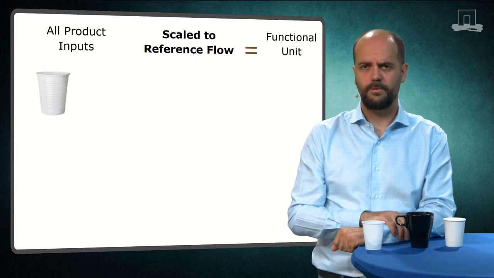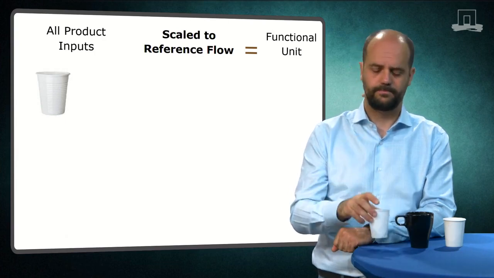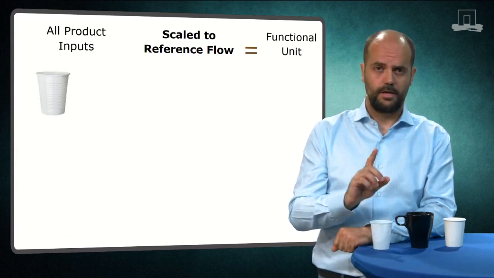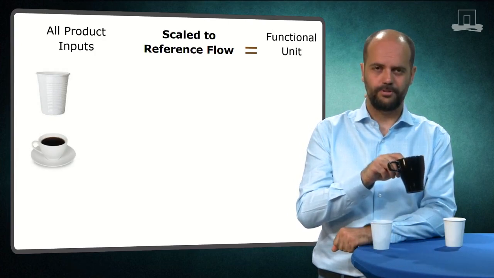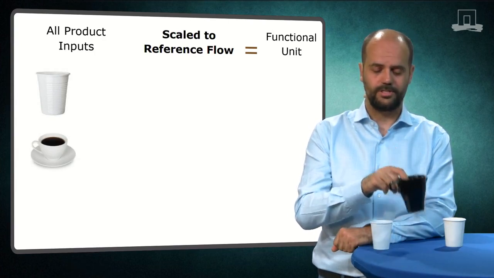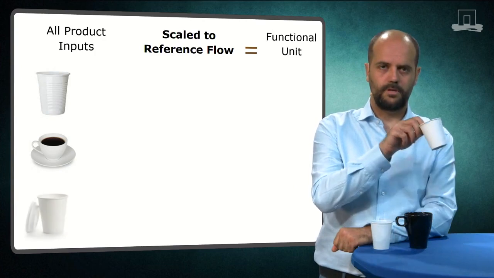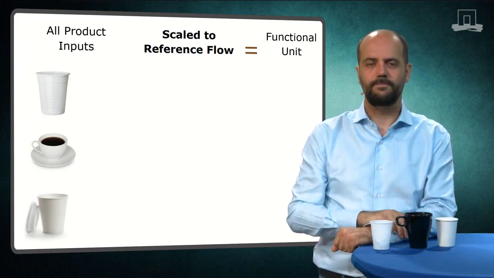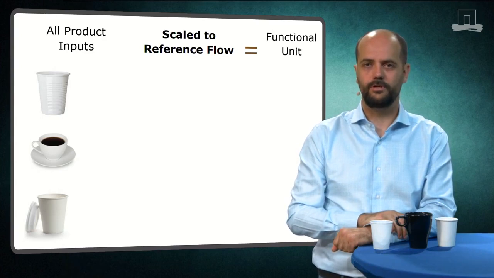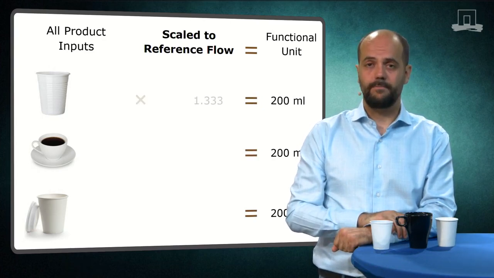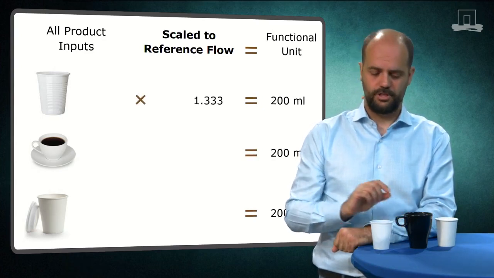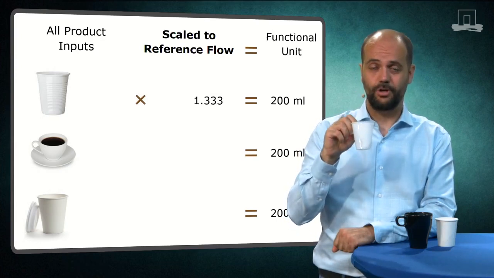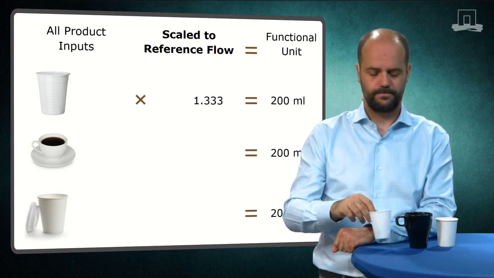So, let's look at this example more closely. We have a disposable plastic cup of 150 mL, used once, a reusable ceramic cup of 250 mL, used 1,000 times, and a disposable paper cup of 200 mL, used once. If our functional unit is 200 mL of coffee served, then we will scale all the inputs for each alternative accordingly. We multiply by 1.33 for the disposable plastic cup to go from 150 mL to 200 mL.